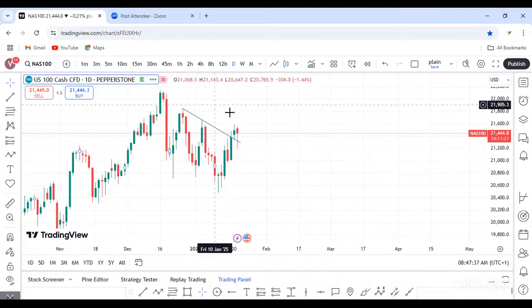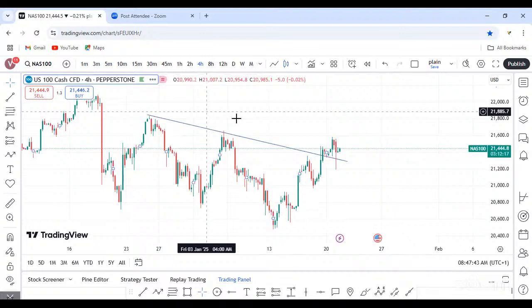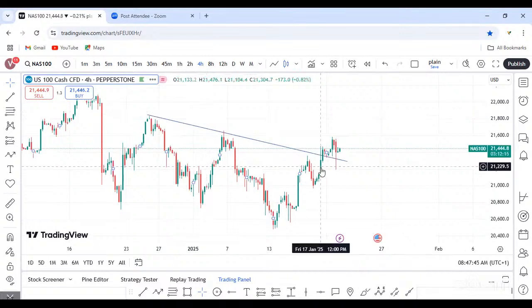So on the 4-hour time frame, we saw a fair value gap here, and then price ultimately tested this fair value gap.